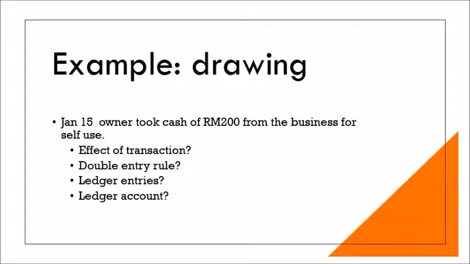So it's a drawing, deduction in business. So you have to record this in drawing. So you can see that took cash. So asset decrease in cash form, but drawing increase. So owner's equity increase in drawing.